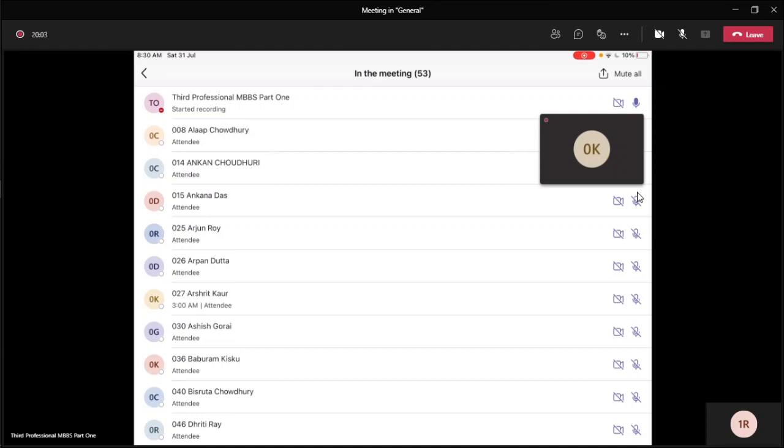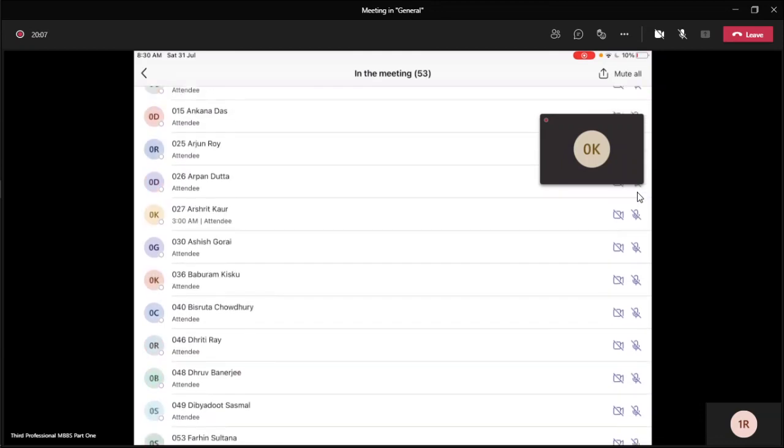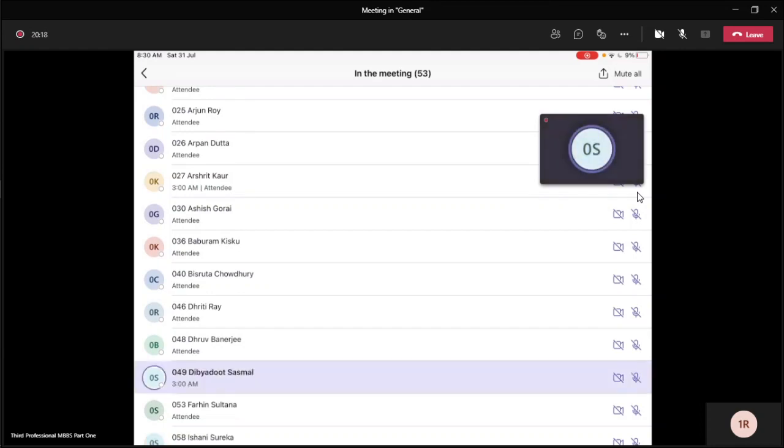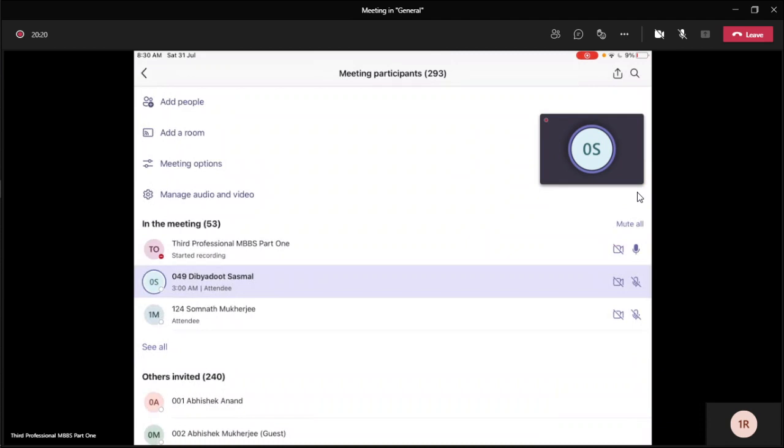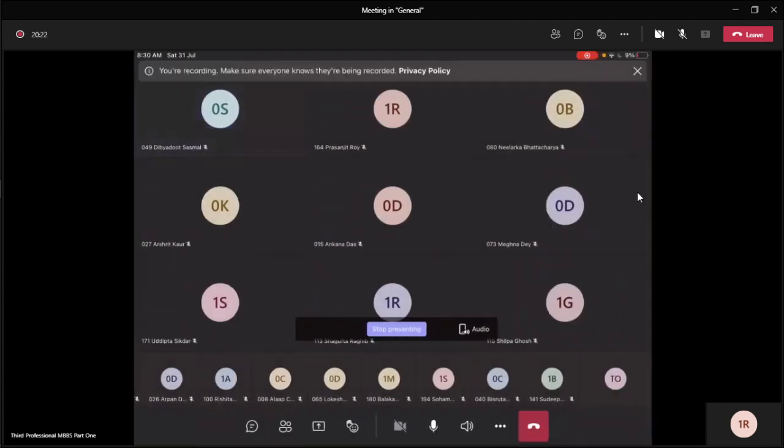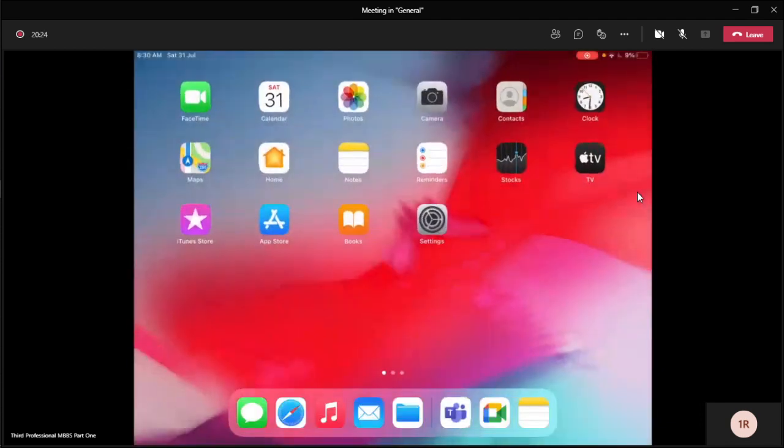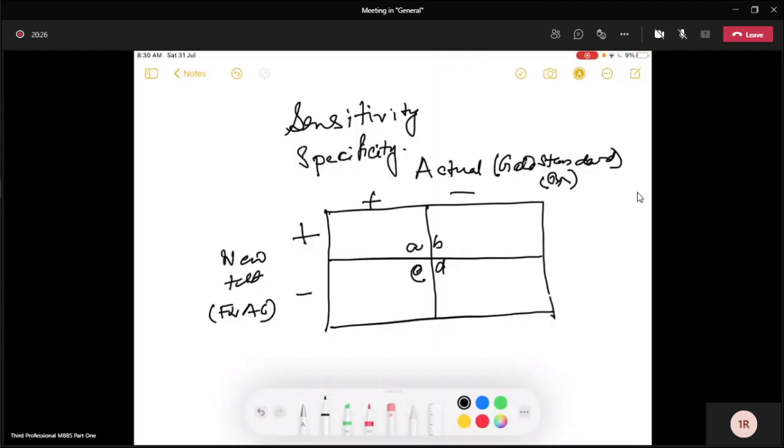He is sleeping. Okay. Roll number 49, Dibadu Hashmon. Yes, sir. Okay, you are not sleeping. Very good. So now tell me, in this matrix, which are the cases where both the tests are correct?